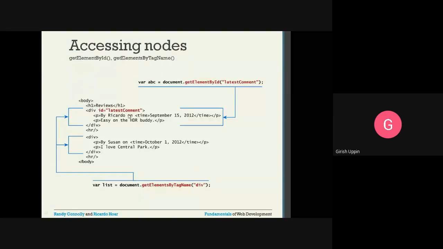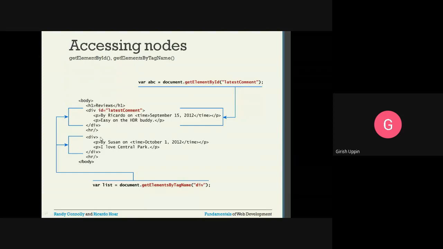So this is the example. Accessing the nodes, we have the getElementById method and getElementsByTagName. First, in JavaScript I have code like this: variable abc is equal to document.getElementById. Inside the double quotes I provide the id, and what is the id? latestComment. And this is the HTML document, a simple HTML document.